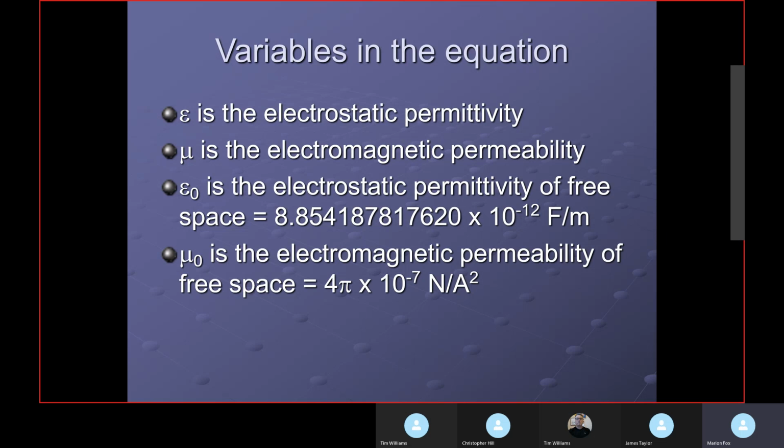Mu sub 0 is the electromagnetic permeability of free space, 4 pi times 10 to the minus 7th, and there's your units, per amp squared. So the velocity of light in a vacuum is given as c, constant. It's said to be constant, which is not exactly true. It's this speed here in meters per second, approximately 186,000 miles per second. That's a rounded number, of course.